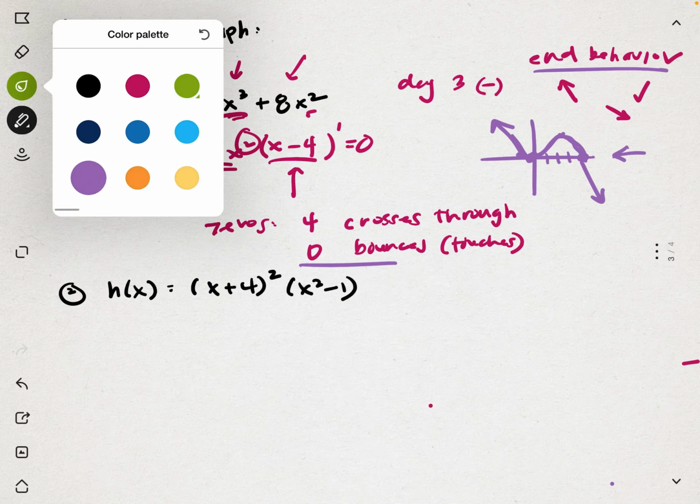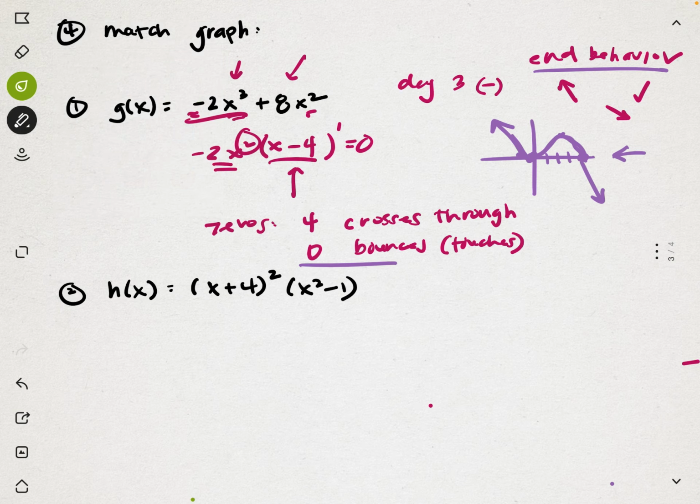Okay, let's do the same thing for the second one. H of x equals x plus 4 squared times x squared minus 1. One of the good things about this one is it's already in factored form, right? But what we can do is factor the second part. I'm not sure why they didn't factor that part since we're doing factored form, but this is good practice.